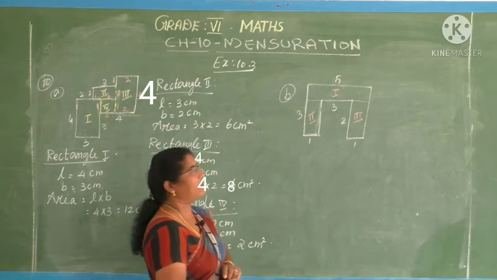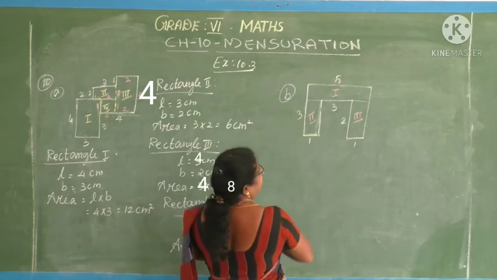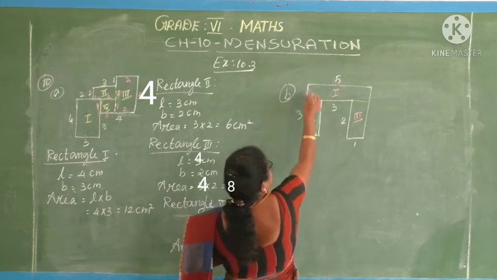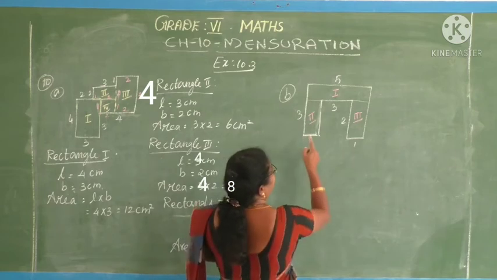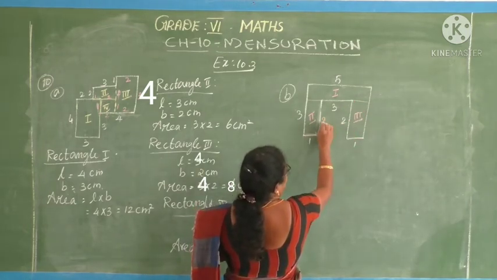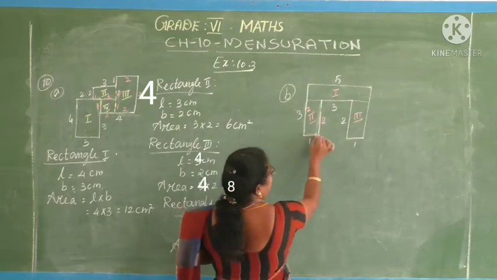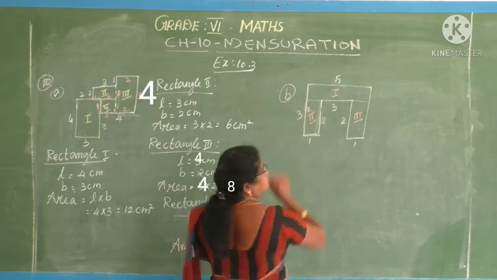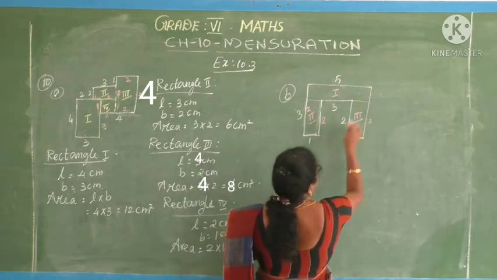Likewise, you can split in any one of the ways. I split like this. Here are the measurements for this rectangle. This whole length is 3 centimeter. And here they gave this length as 2. The same thing here also. So this is 2 centimeter. This is 1 centimeter, here also 1 centimeter. Likewise here 2, this is also 2. Here 1.